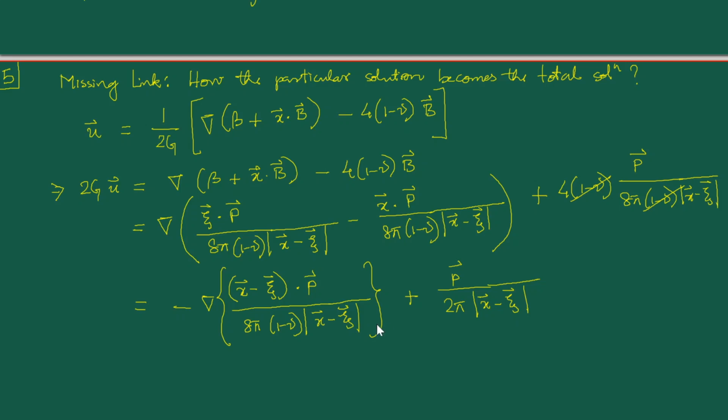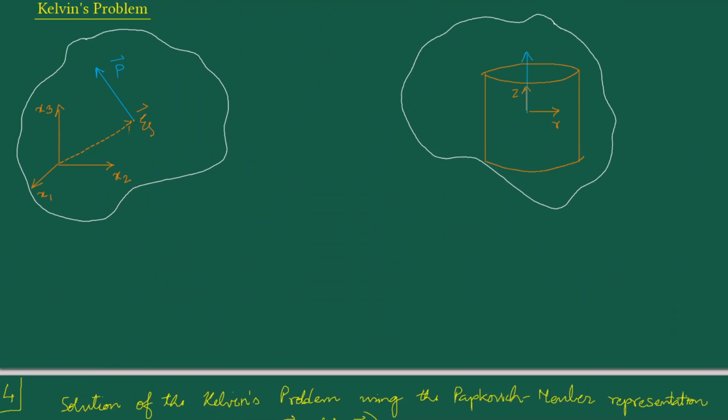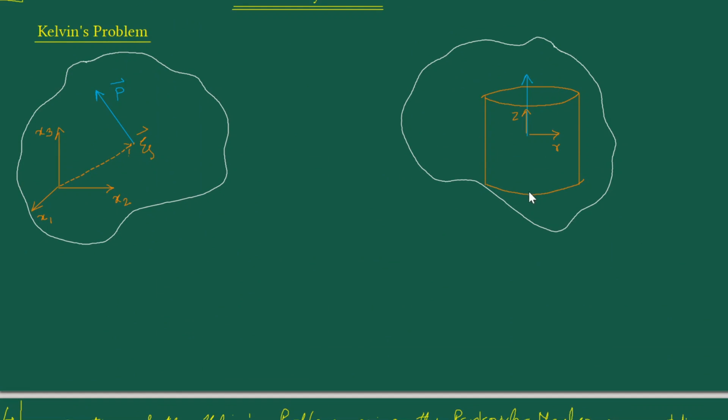Now, as discussed earlier, we are going to change our viewpoint to this particular situation, where we take a very specific choice of this x1, x2, x3 coordinate system in the form of a cylindrical coordinate system. And as a further specialization, we choose the origin of our coordinate axis, as you can see here, to coincide with this point of application of the body force.